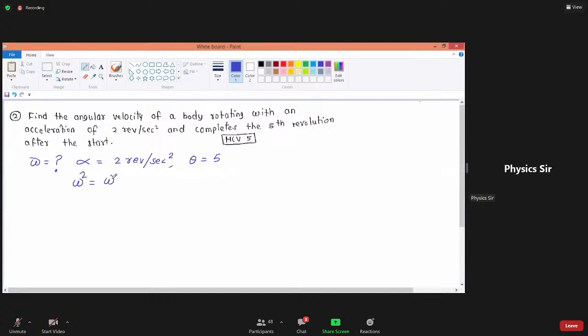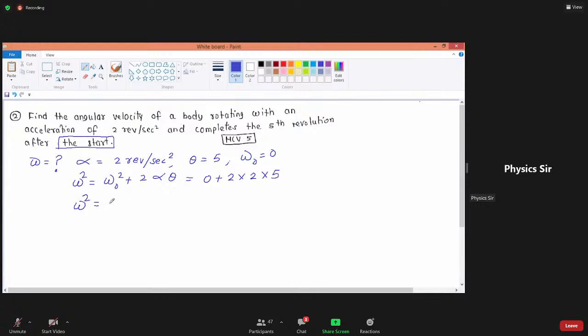So what is omega square? Beta, this omega square, it is omega naught square plus 2 alpha theta. We know that it is angular velocity of the body rotating with the acceleration and completes after the start. So it is starting from the rest. So this omega naught will be 0. So this omega naught, it is 0 plus 2, alpha is 2 and theta it is 5.